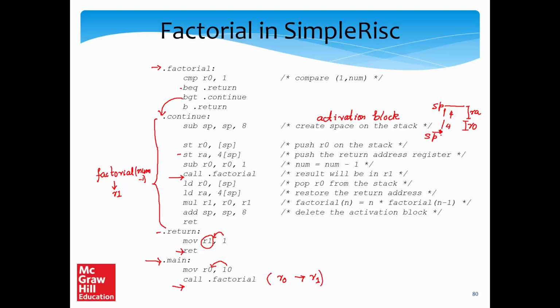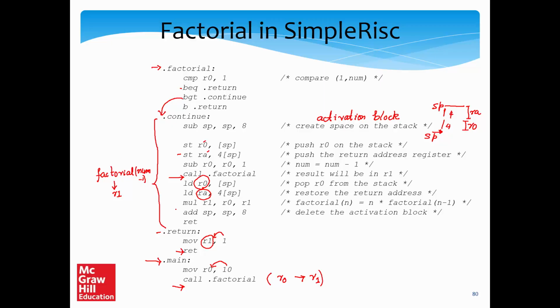Let us load back the value of R0, which we had stored over here. Let us load back the value of RA, which we had stored over here. So the values of RA and R0 are restored, and this particular scheme that we have followed here is a caller saved scheme, because the caller is saving the registers that it needs and later on restoring them.